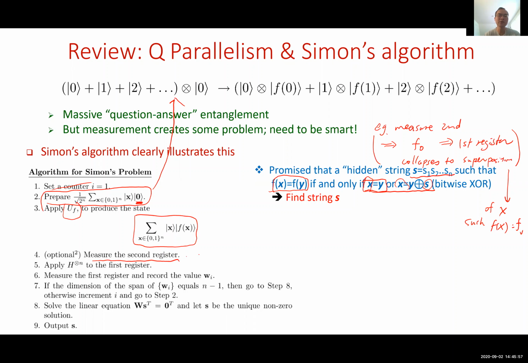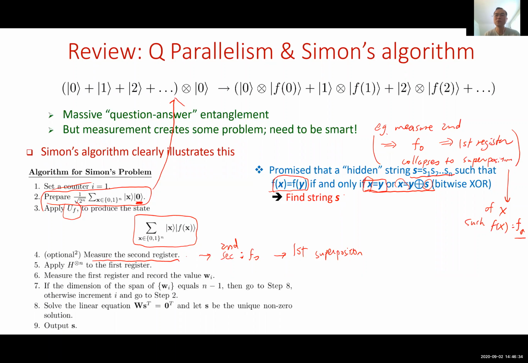So if you measure the second register, let's say the second register gives me f0, this means that the first register is now in a superposition of those x that evaluate to f sub 0.